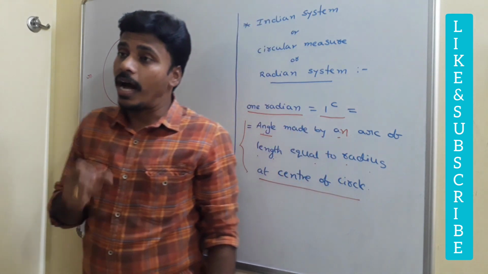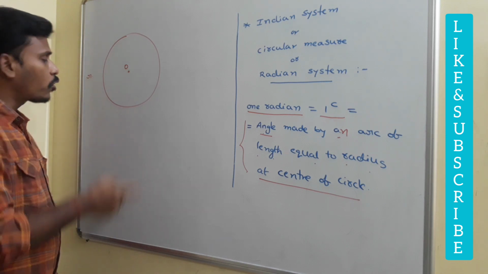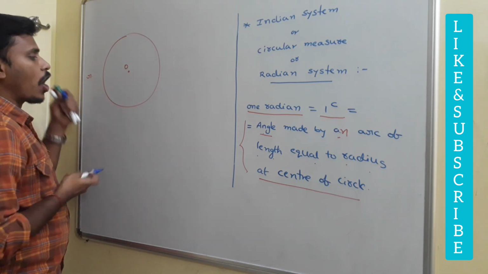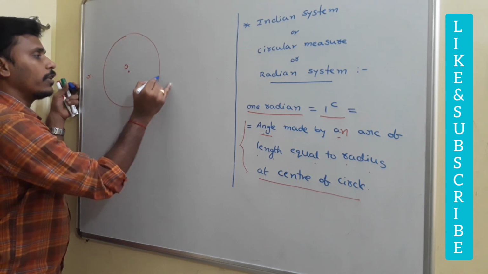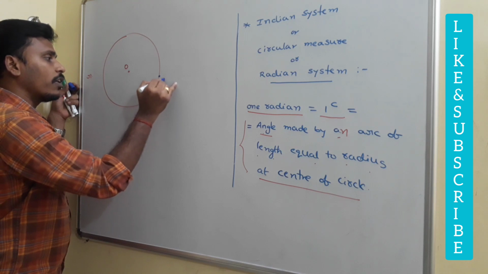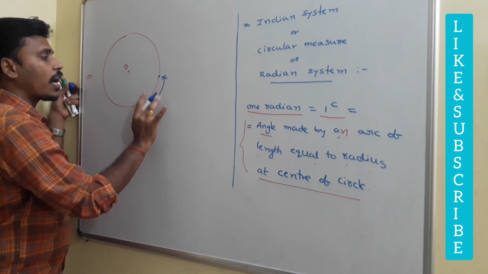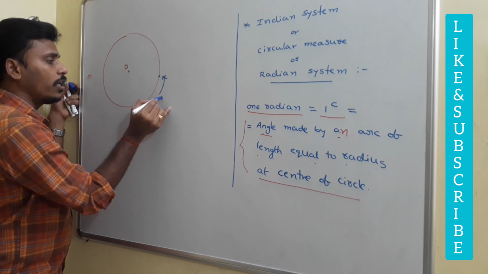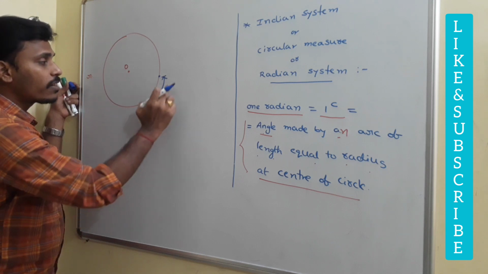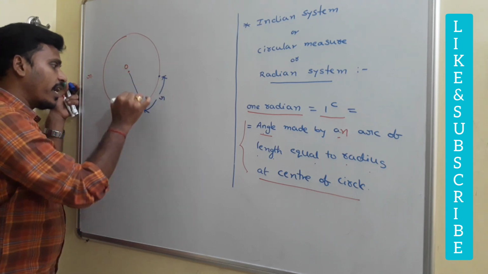The length of that arc, the length of the required segment of the boundary, should be equal to the radius of the circle. First, suppose I have an arc from here to here, right? If this length is again equal to the radius of the circle, then this arc, whose length is equal to the radius, makes a certain angle at the center.